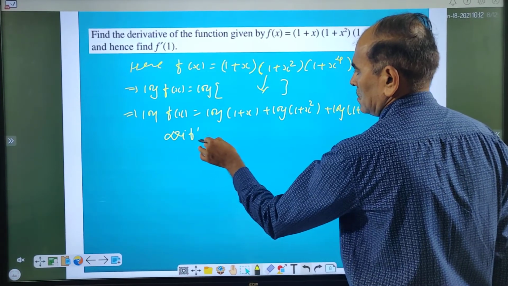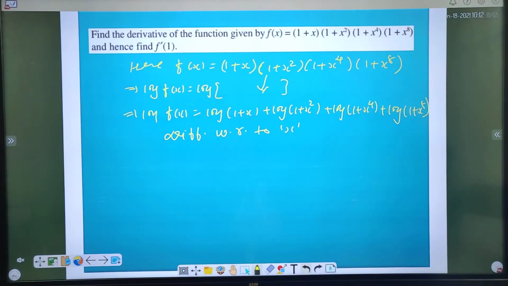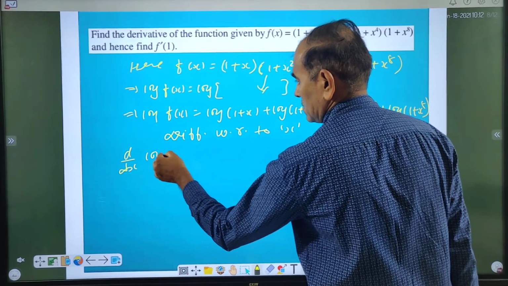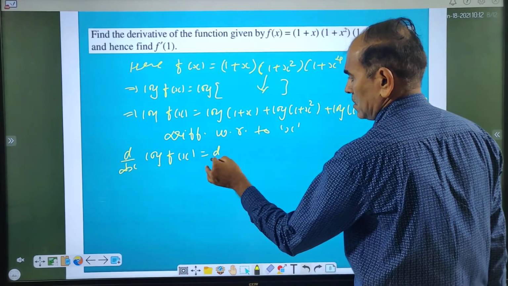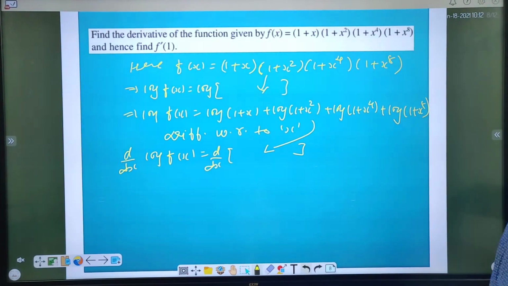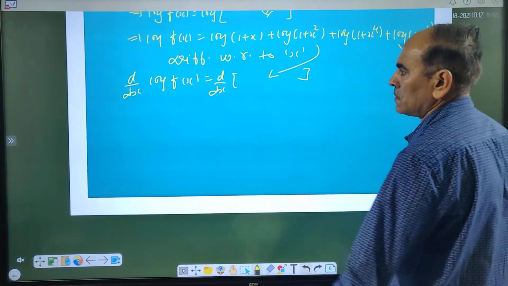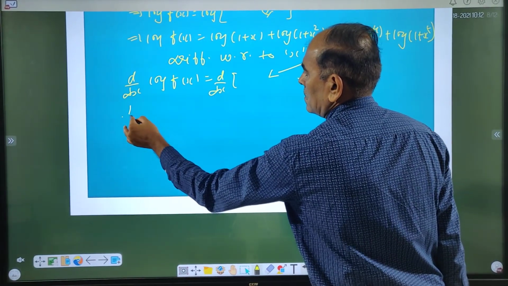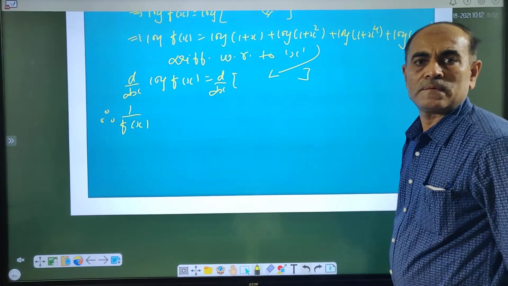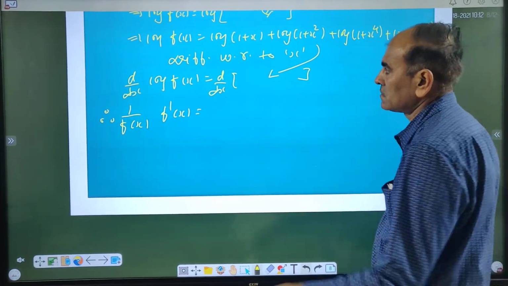Differentiate with respect to x on both sides. So take d by dx of log f of x is equal to d by dx of all these 4 forms. So what we get here? Log of some form is equal to 1 by some form into d by dx of some form, that is our f dash x.